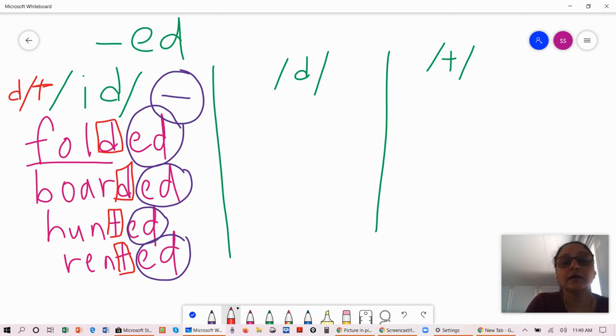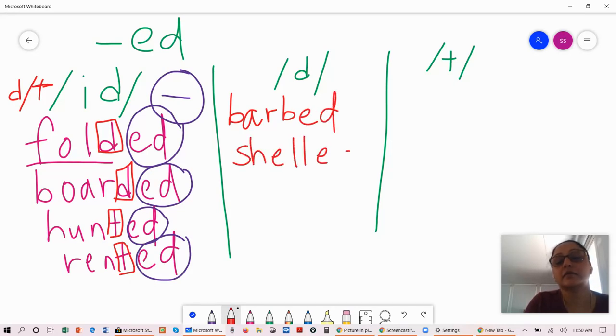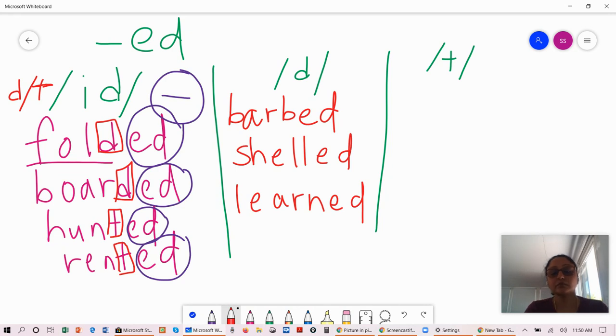For example, barbed, shelled, learned. So these are all words where the root word ends with a voiced sound.